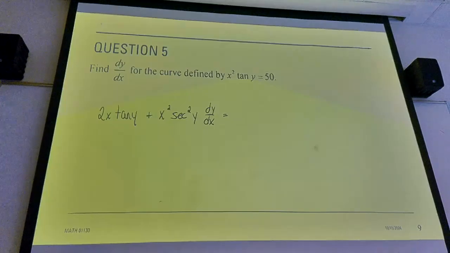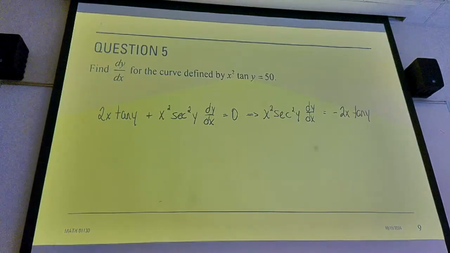Equals. Like so. Subtract the 2x tangent of y. Divide by x squared secant squared.